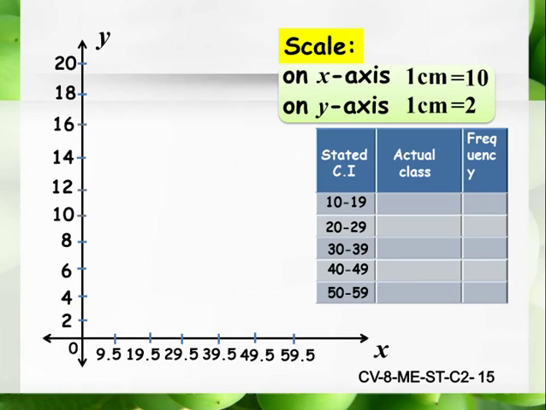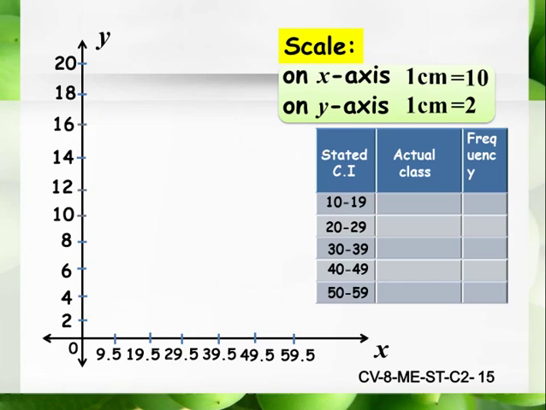We shall take a convenient scale. On the x-axis, 1 centimeter is equal to 10 units, and on the y-axis, 1 centimeter is equal to 2 units. The x-axis represents the class interval, whereas the y-axis represents the frequency.